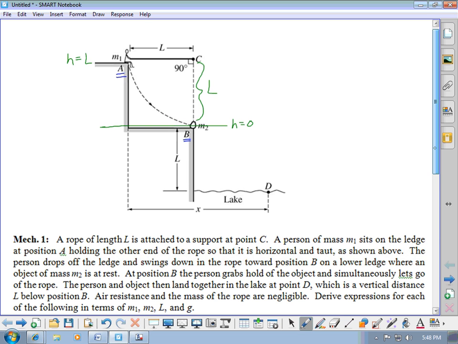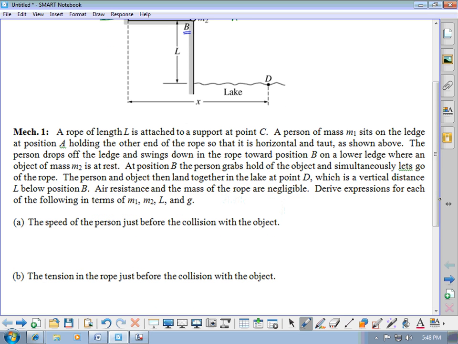So for this problem, conservation of energy says that the potential energy at A plus the kinetic energy at A equals the potential energy at B plus the kinetic energy at B. The potential energy at point A was the mass of the man, M1, times G, times the height, L. And there's no kinetic energy at point A. At point B, that's where I said the height was 0, so the potential energy is 0.